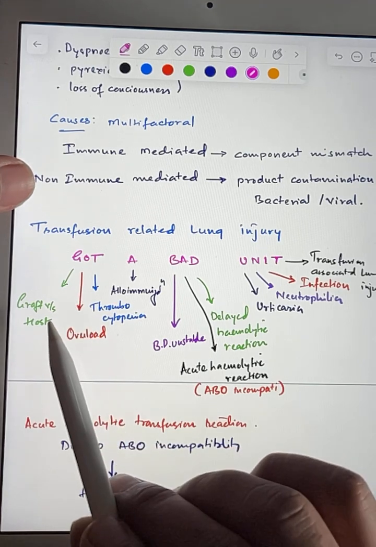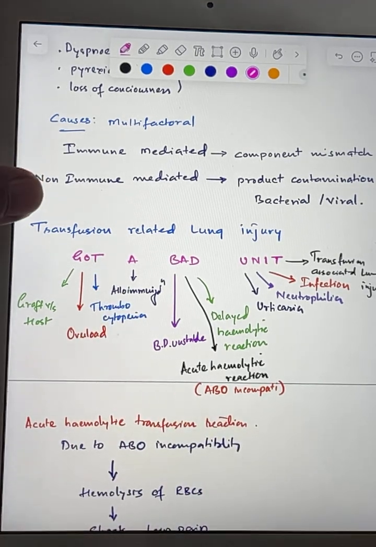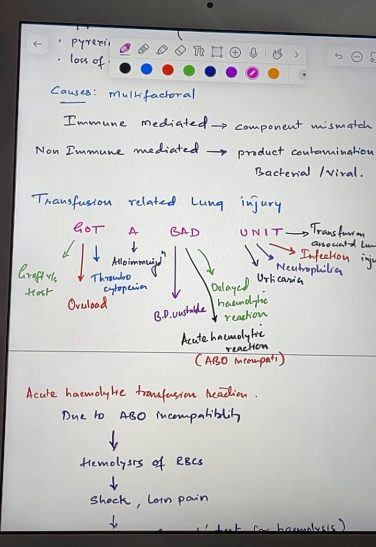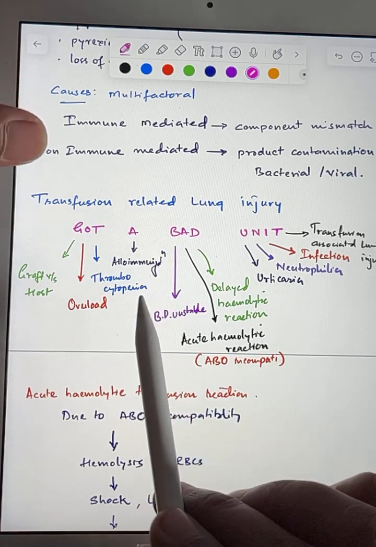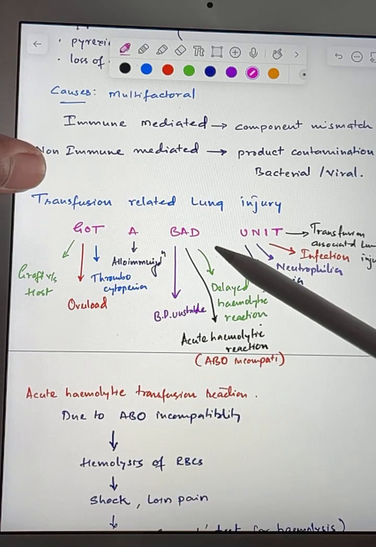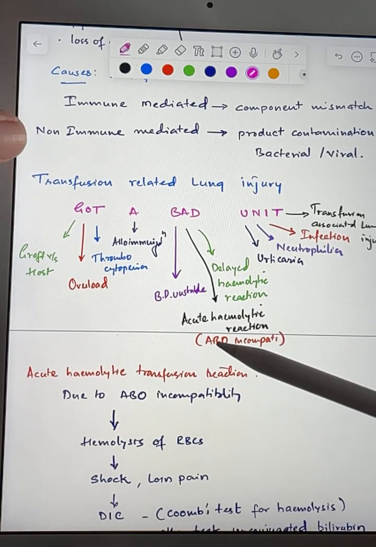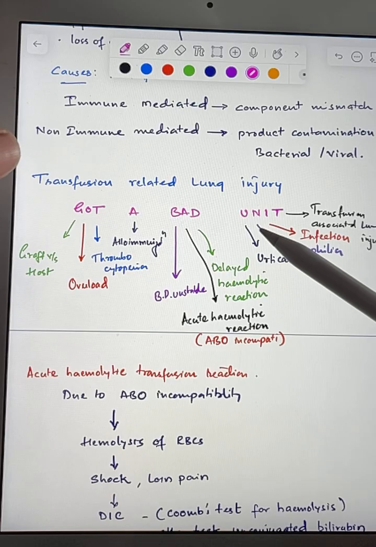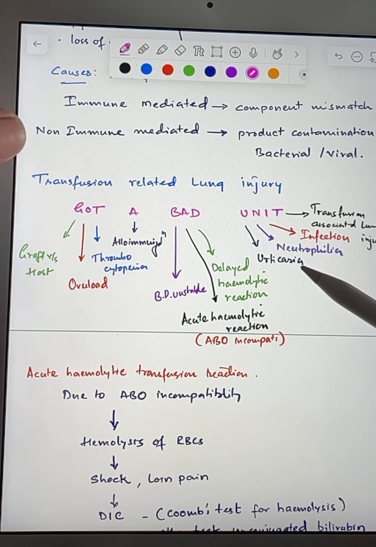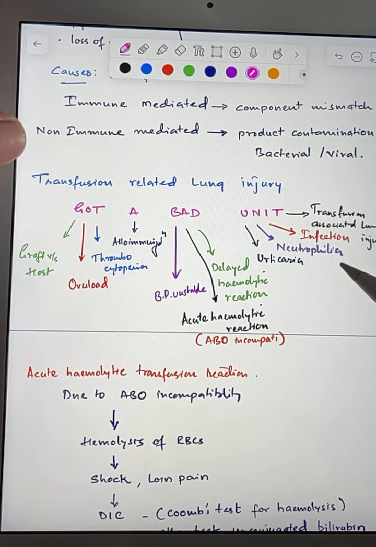G is graft versus host. O is overload of transfusion. T is thrombocytopenic. A is alloimmunization. B is BP unstable. A is acute hemolytic reaction. D is delayed hemolytic reaction. U is urticaria, neutrophilia. I is infection.